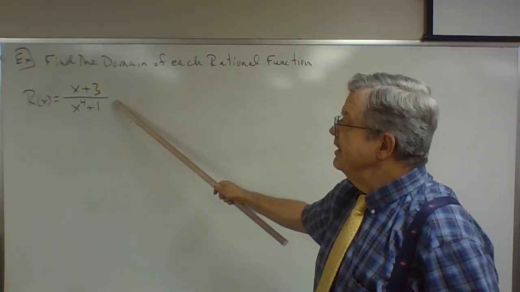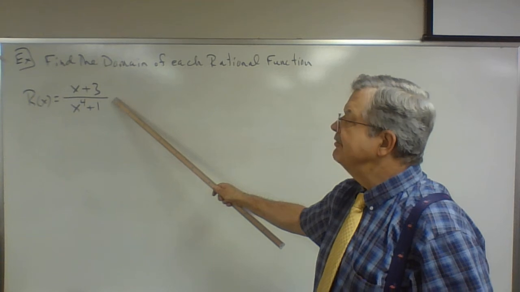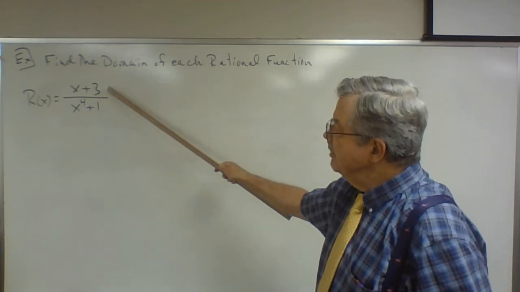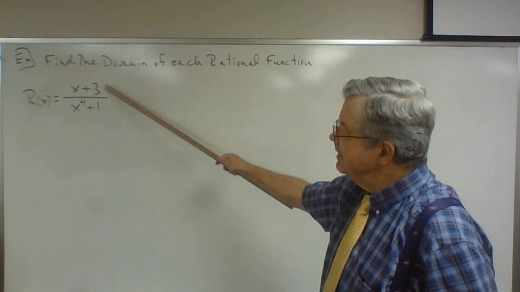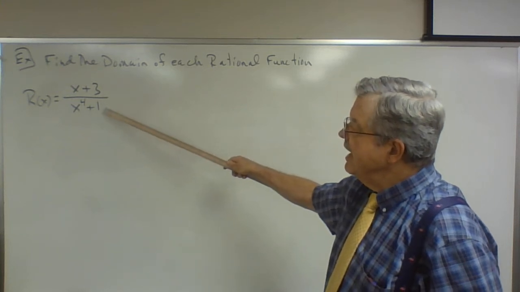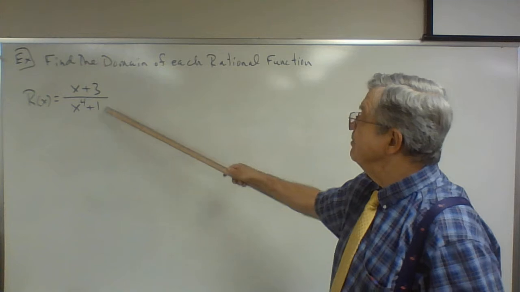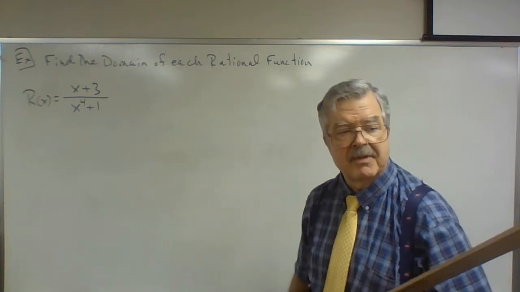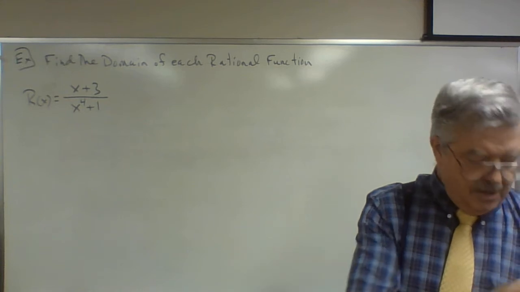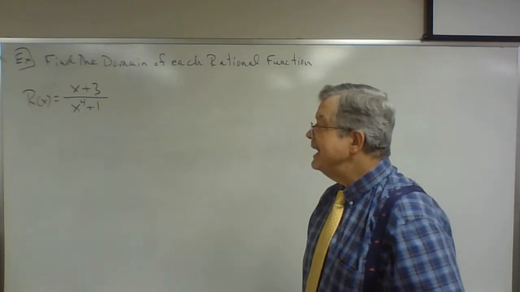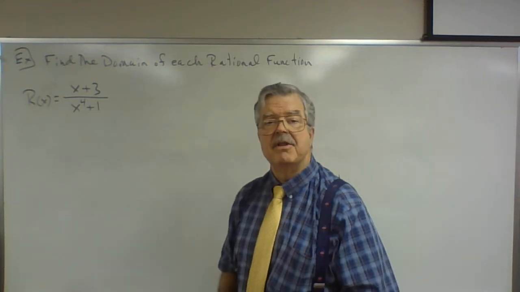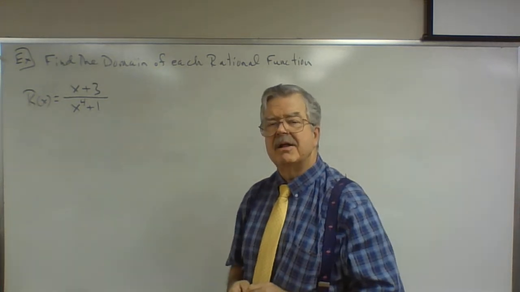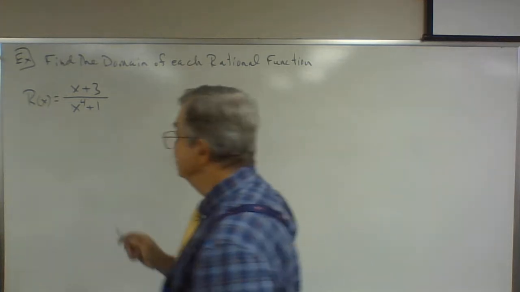And what about this polynomial, or this rational expression? It's the quotient of polynomials. X plus 3 is a polynomial. X to the 4th plus 1 is a polynomial. What is the domain? Again, we assume that the domain is the entire set of real numbers, and then we exclude any x value that causes division by 0.